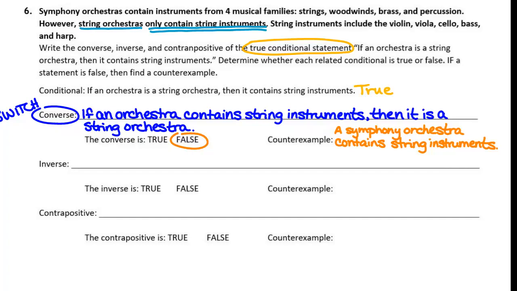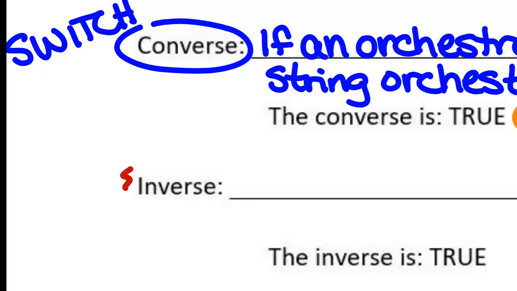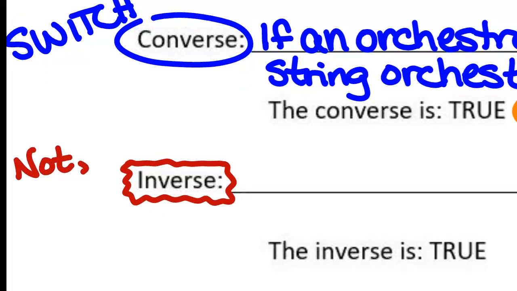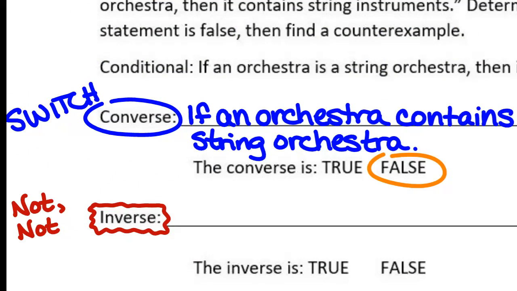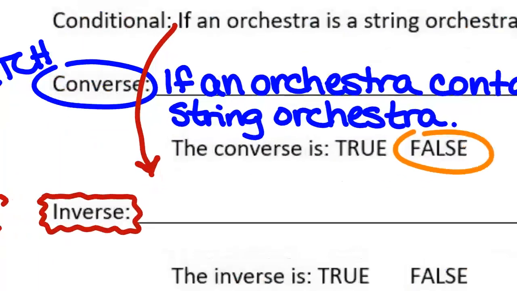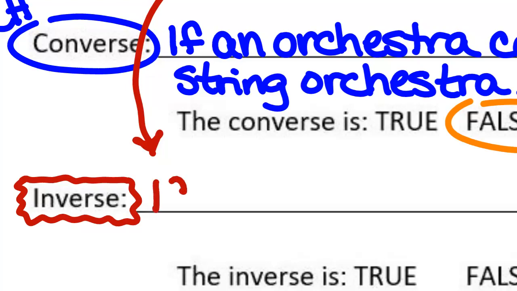How do we write the inverse? Not. So I go back to my original. I want it in the same order as my original. But instead of saying if an orchestra is a string orchestra, we're going to say if an orchestra is what? Is not a string orchestra.